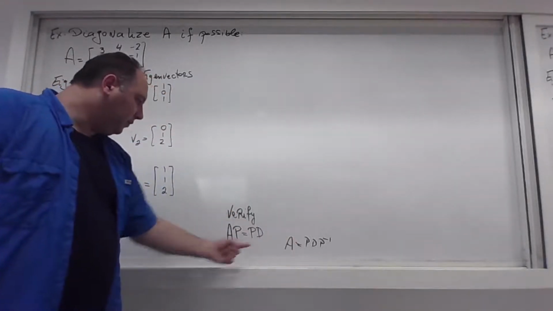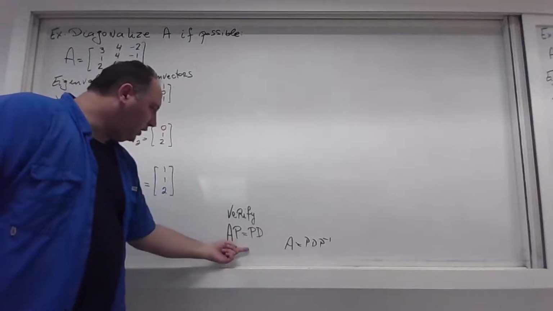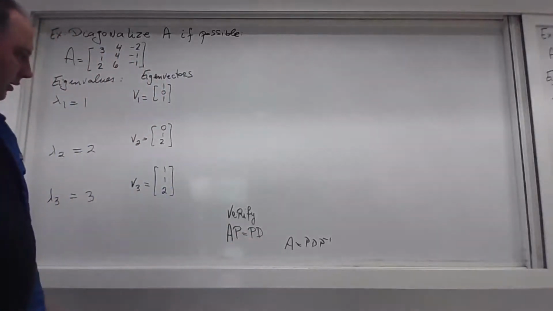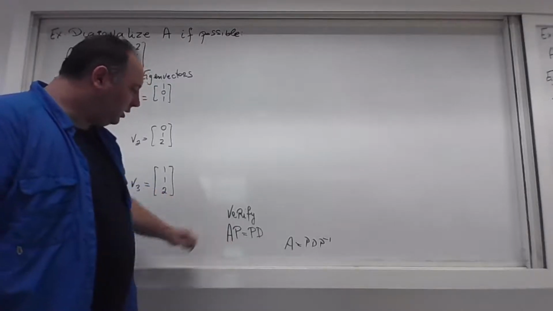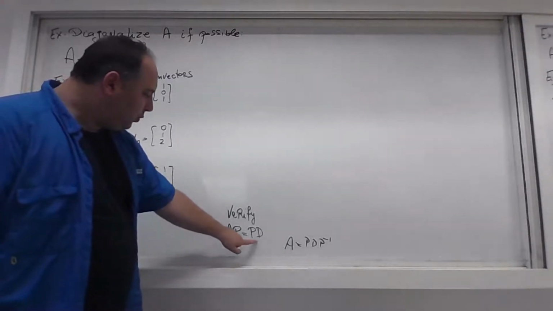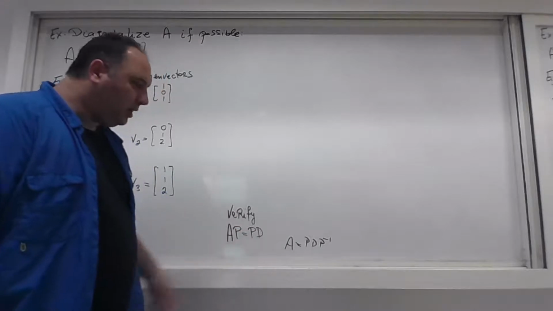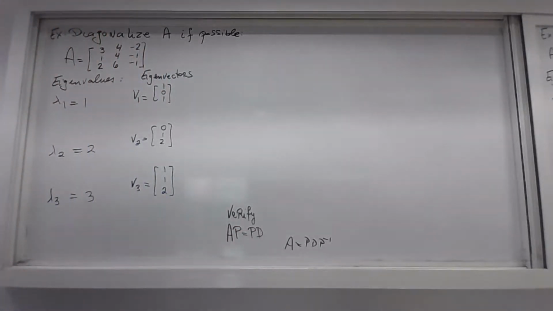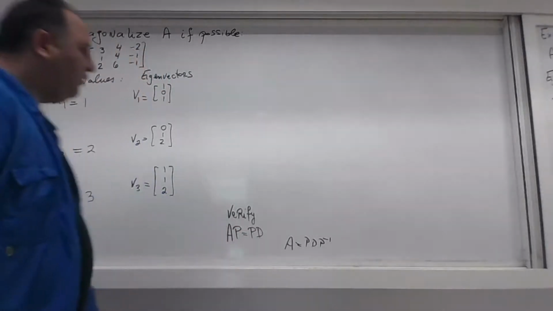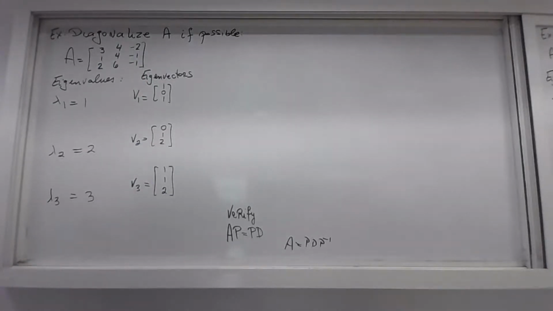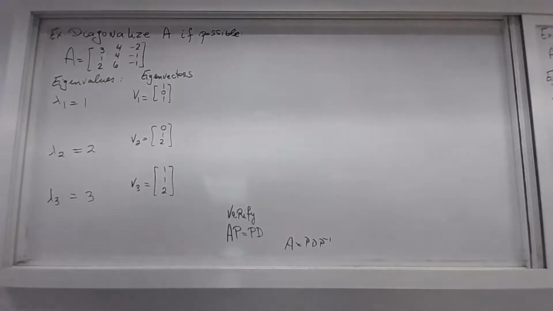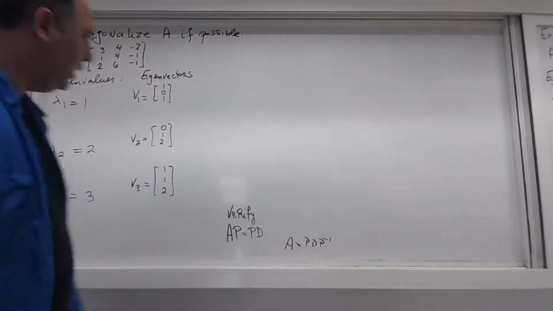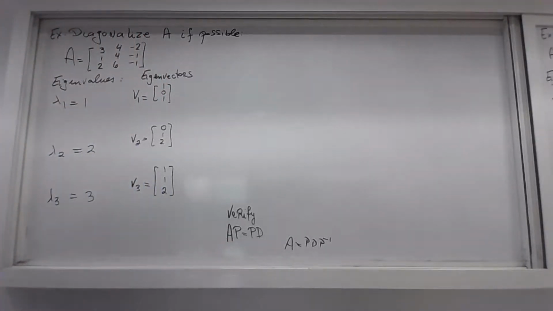This is true if and only if this is true. Therefore, to verify, I can compute A times P, get a matrix, compute P times D, get a matrix, and then compare them. They need to be equal. When that's the case, everything works fine. So we know that we can build D and P in such a way that this will always be true if we can build the matrix P.